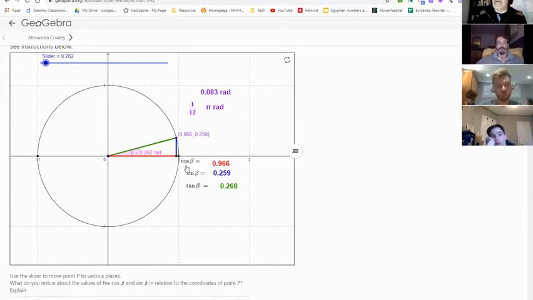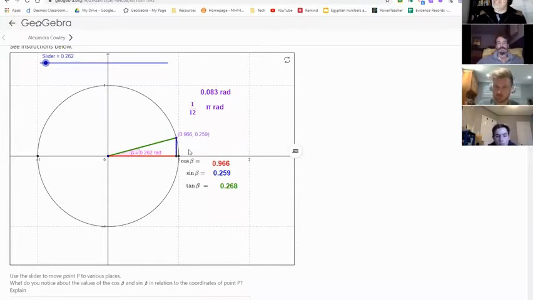So all I need to know to figure out the cosine of this angle is to know the value of the x point here, which happens to be 0.966. And that's where this is. So this circle simplifies every possible angle in a very nice way, because the trick of making the radius equal 1 means that every time we divide by the hypotenuse, we're dividing by 1, which kind of cancels it out.